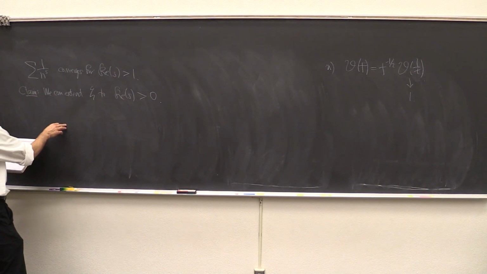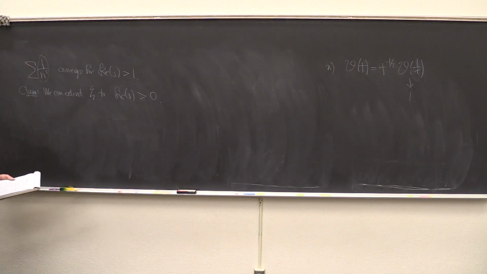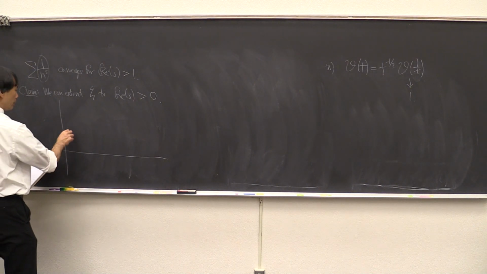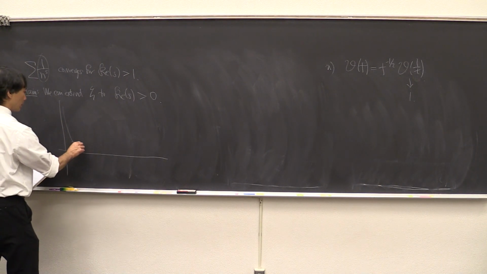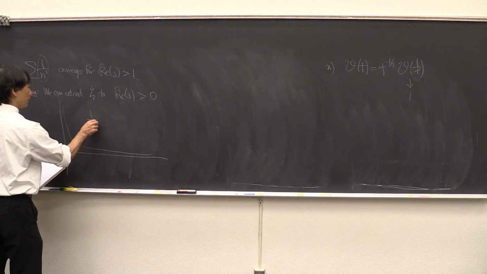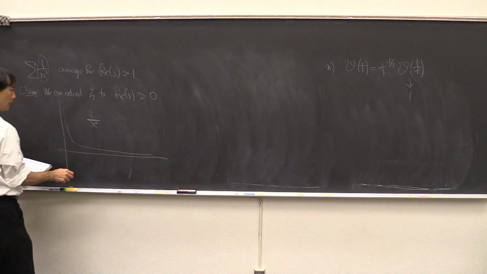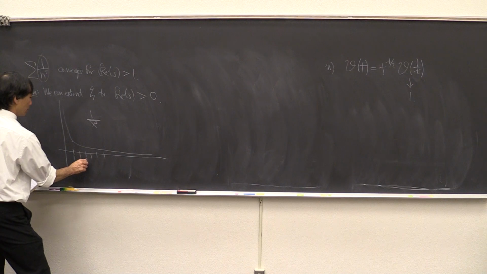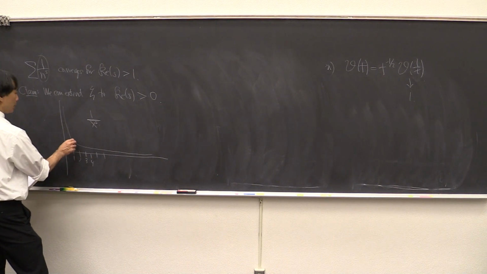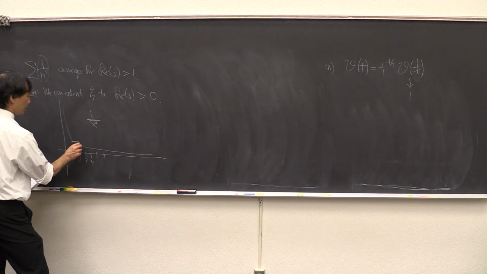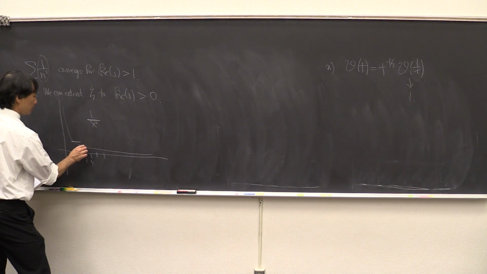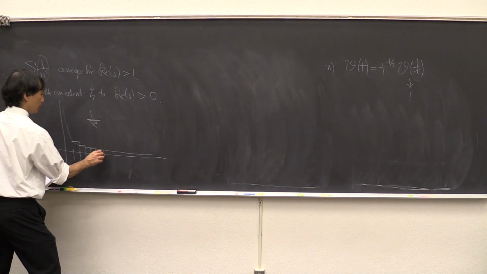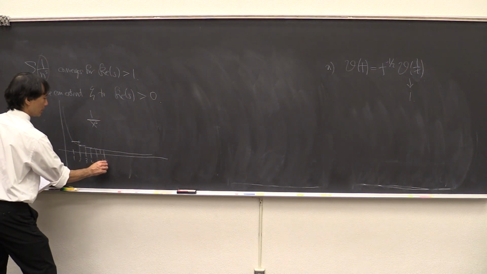The zeta function is the sum of these terms 1 over n to the s. So if we look at the function 1 over x to the s, then the zeta function is the sum of these areas, 5, 6, 7, etc.